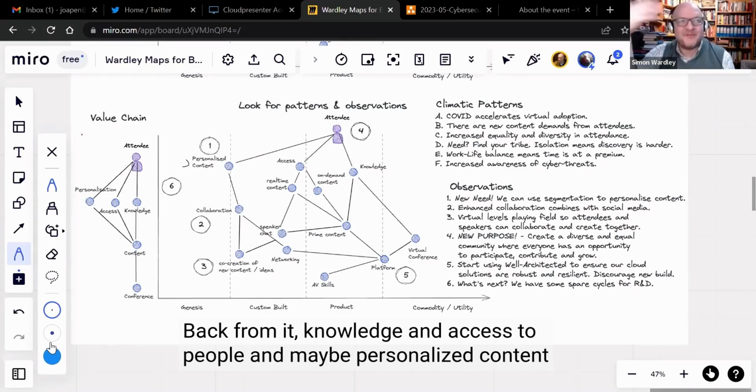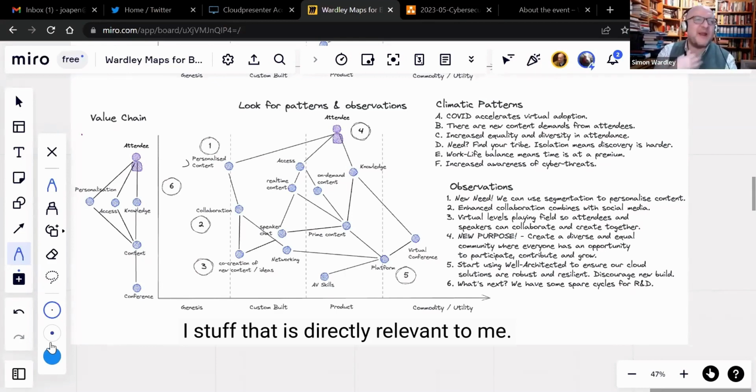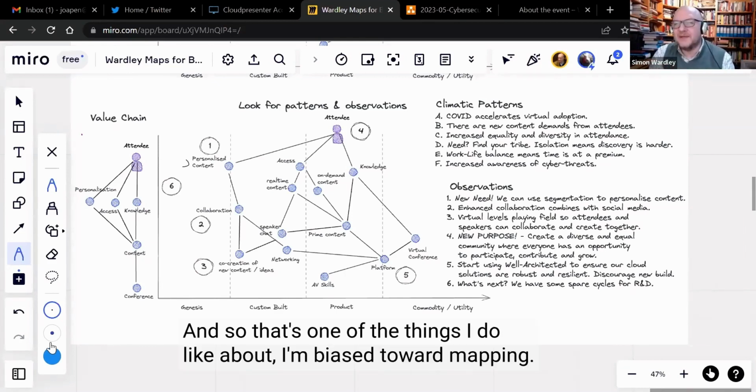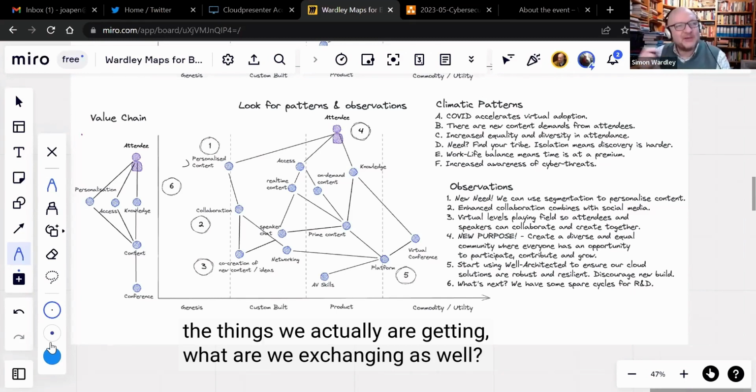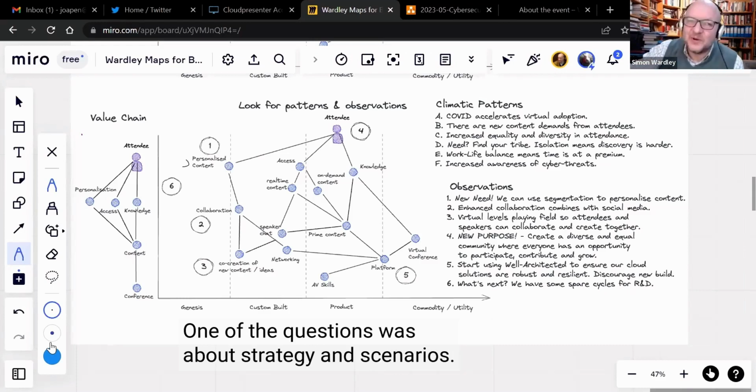And we're hoping to get back from it knowledge and access to people, and maybe personalized content, i.e. stuff that is directly relevant to me. That's one of the things I like about mapping; I'm biased towards it, having done it for 18 years. It helps to concentrate on what we are actually getting and what we are exchanging as well.